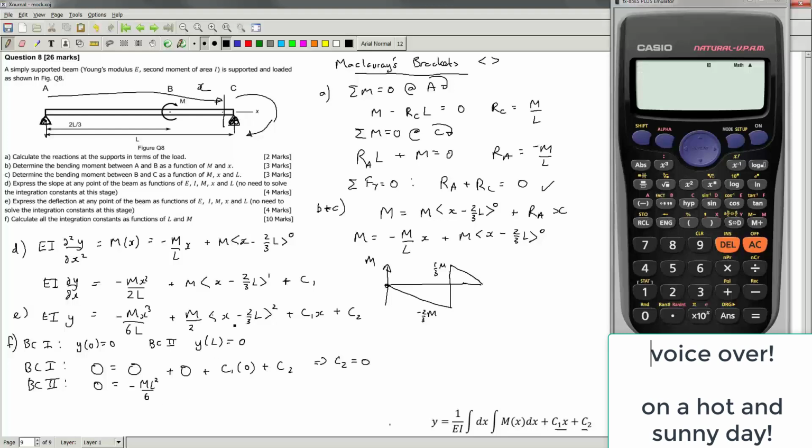Okay, my next term. Let's put x equals L inside the bracket. So we've got L take away 2/3 L. Let's ignore the L's at the moment and just talk numbers. So we've got 1 take away 2/3, and then we want to square that.